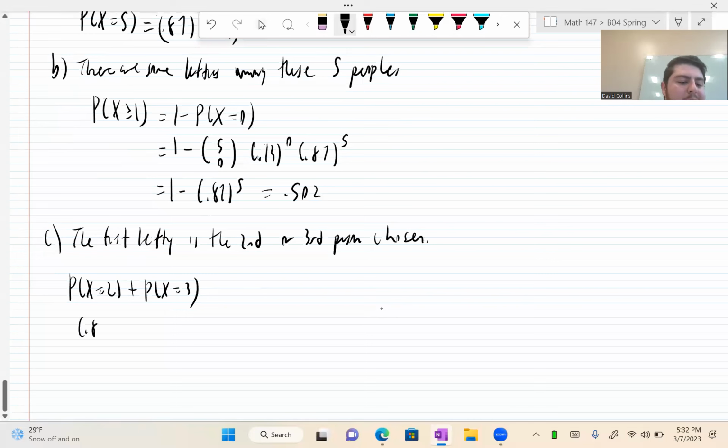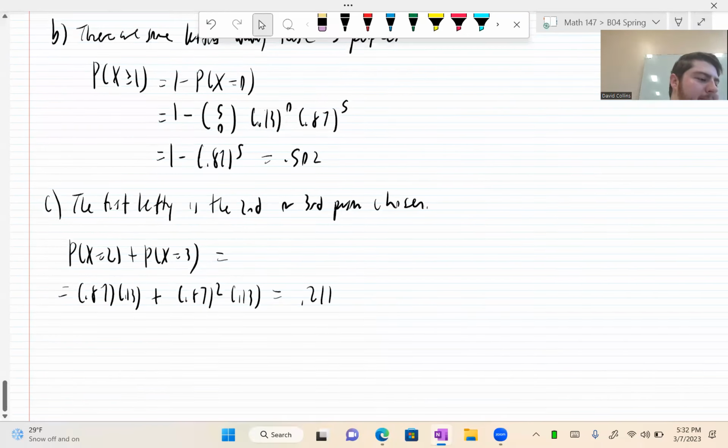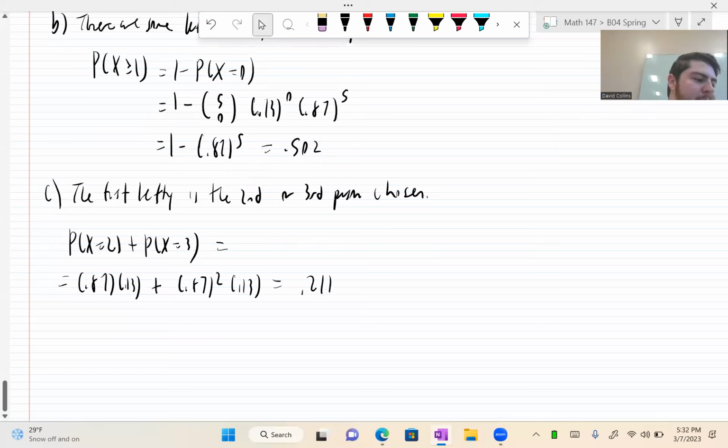Which is 0.87 times 0.13, because we have 1 failure, 1 success, and then 2 failures, 1 success. You guys see that? It's kind of going back and forth between geometric and binomial.